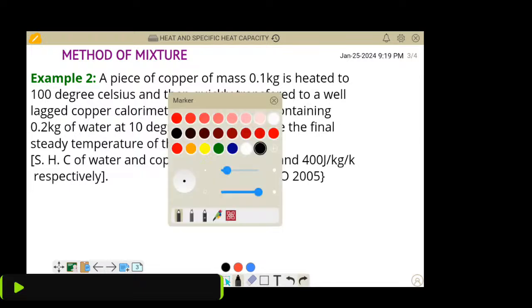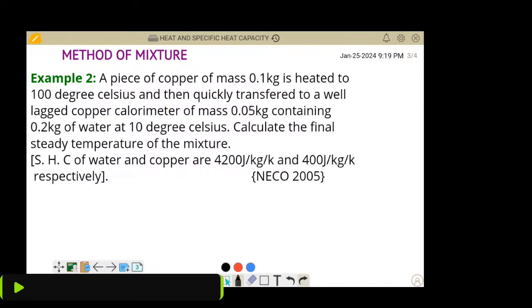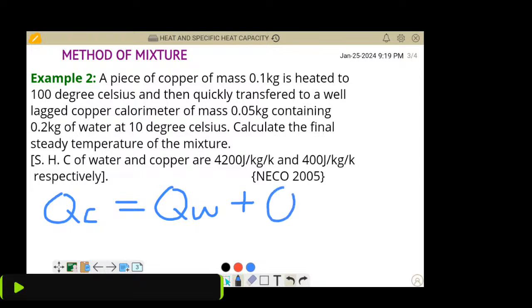How do we present this mathematically? Okay, let's quickly look at this. Now, let QC represent heat lost by copper, that is copper metal, and let QW represent heat gain by water, and QL represent the heat gain by copper calorimeter.